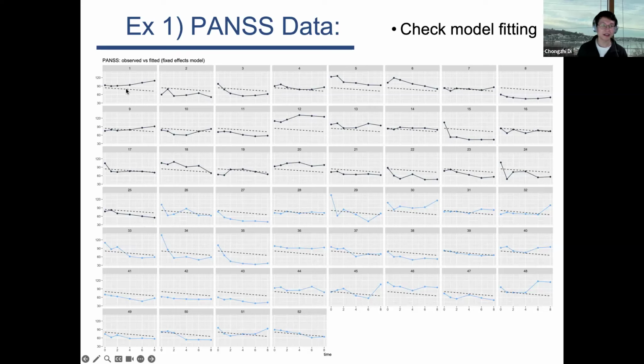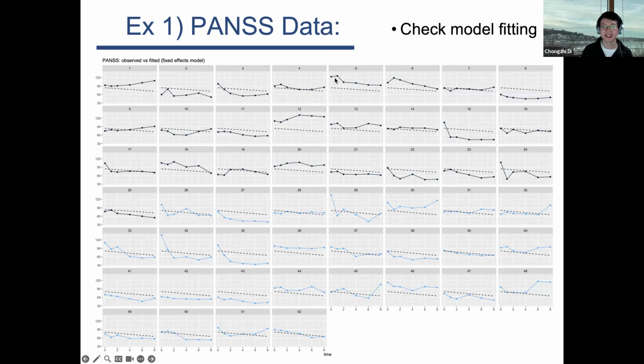I plotted the observed versus the fitted values. You can see that for some trajectories, like this one, or this one, it's actually not that bad. It captures the decline, and the slope and the intercept appear to be reasonable. For the second group, this one, the fit is not that bad. But then you also see examples where the fit is really bad, like here, for example.